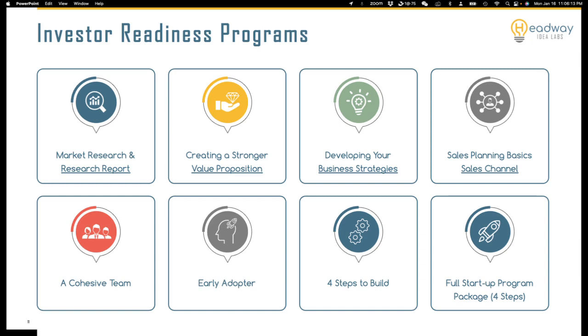The early adopter report is not a program as much as it is a service that we provide, because it requires in-depth research based on a few things that your company will provide, but then also the market, the industry, the people. And then obviously we also have a full startup package as well.